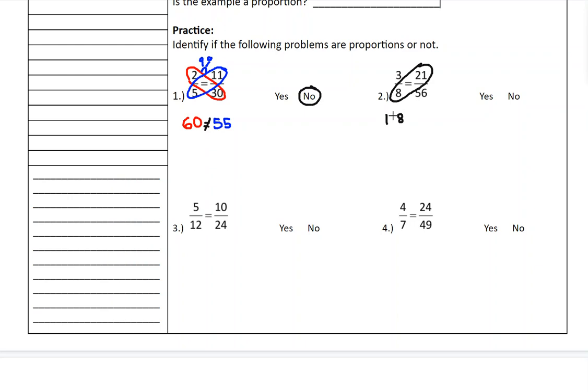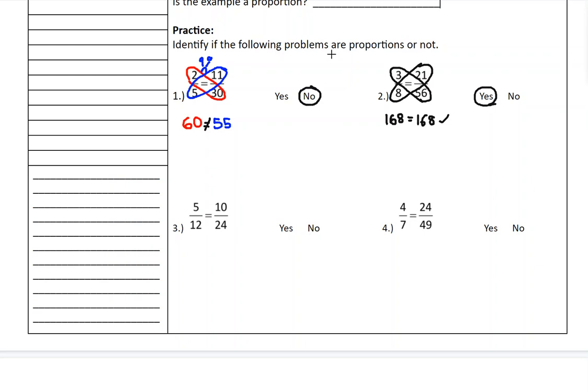So we get 168 on this side, equals, top to bottom, 3 times 56. So 3 times 6 is 18. Carry the 1. And 3 times 5 is 15, plus the 1 that we carried is 16. So do you think this one's proportional? It sure is. They're equal to each other. So I know that this one is in fact proportional.